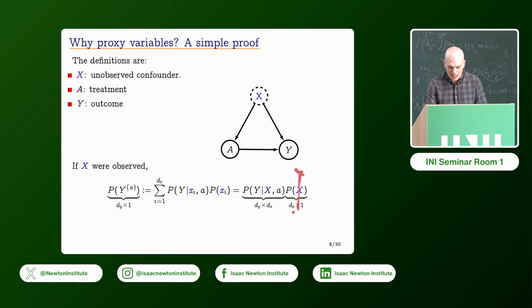Then this is a dx by 1 vector, which is the probability of each of my possible values of X. So matrix-vector multiplication is marginalization in my notation, which keeps the math clean for the next slides. Now that's great, but I don't want X in my expression, so my goal is to write an equation with no blue in it.